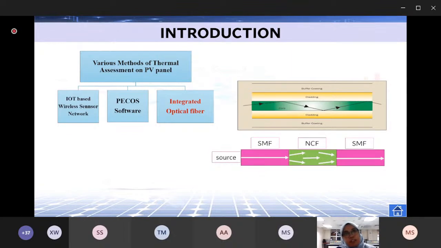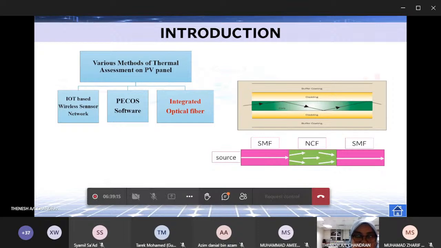There are various methods of thermal assessment on PV panel. One commonly used way of assessing the temperature of the surface of the photovoltaic panel is IoT-based, or by using a wireless sensor network.